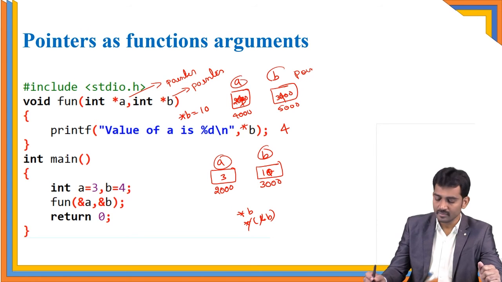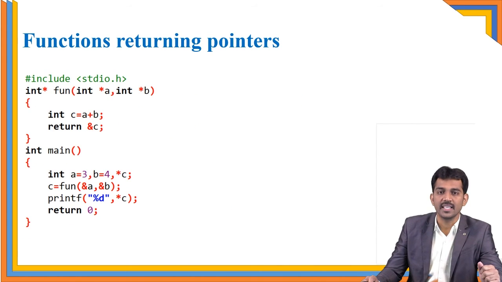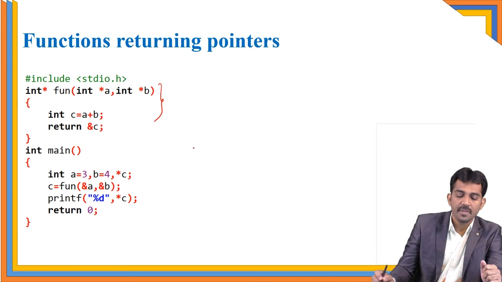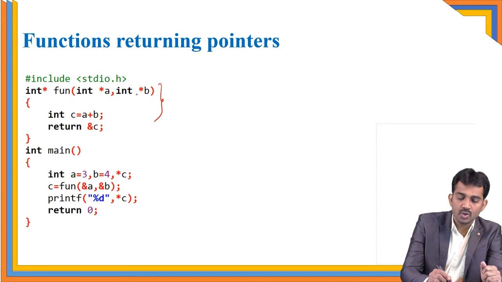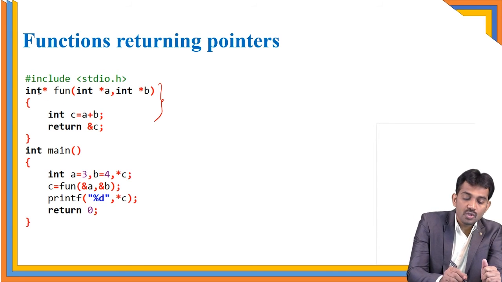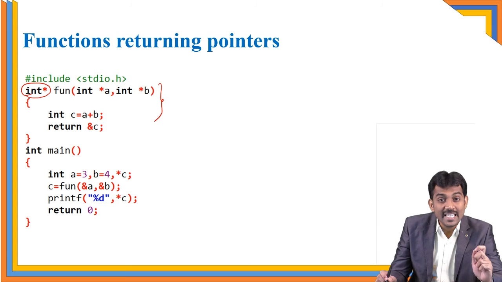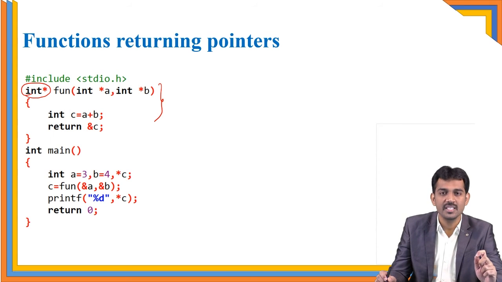Is this clear? And the next thing: functions returning pointers. If you observe clearly, this is the function, which you have just seen, right? It is going to accept two data items, pointers as references, and I'm going to return a pointer, right? So what type of data are you going to return? If it is an integer, you are going to return an integer address.